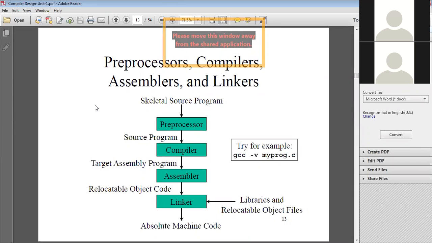If the target is an assembly program, then we use the assembler instead of the compiler. So this is the complete flow chart. You can say either we can use the compiler or we can use the assembler. If you are using the assembler, then the assembler converts the assembly language into machine code.